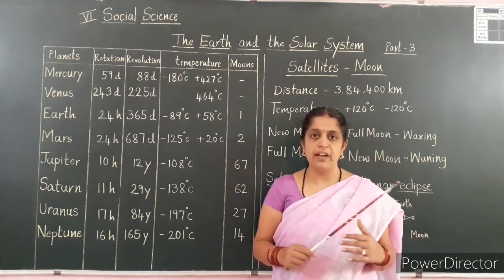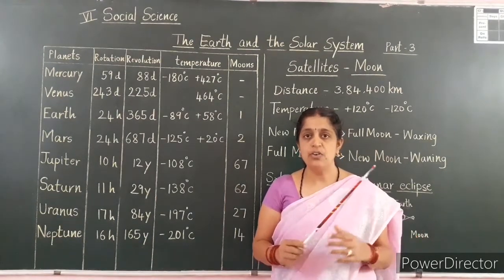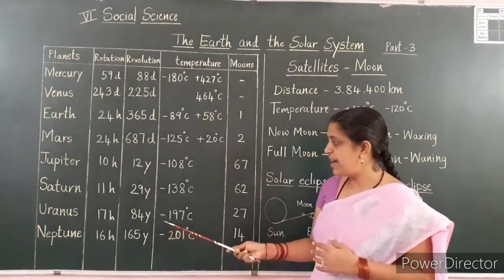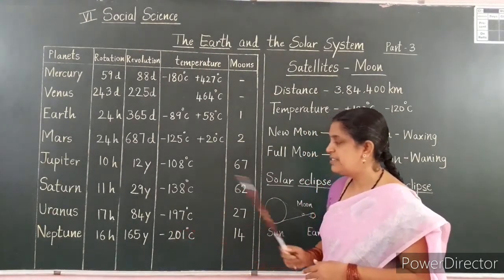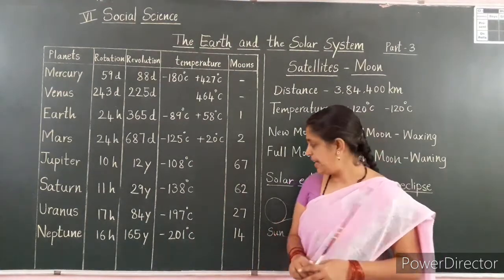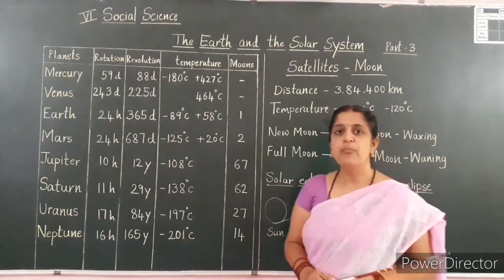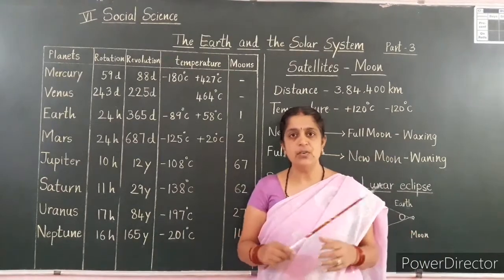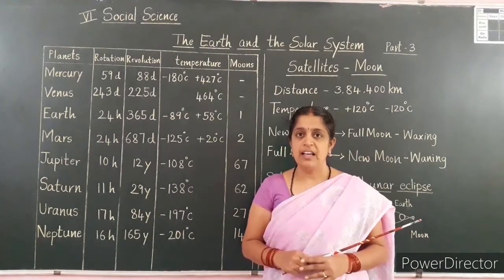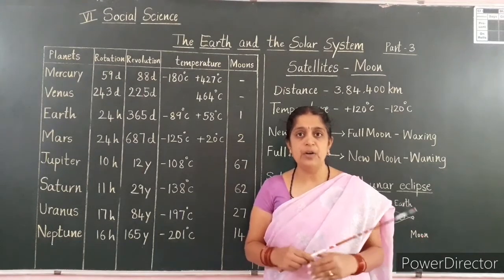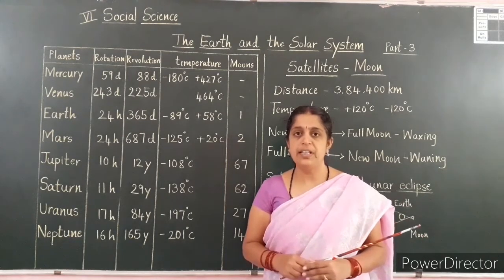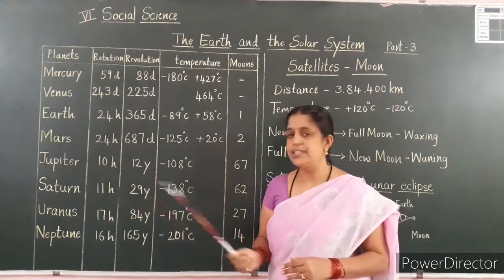Because it is very far away from the sun, the temperature is minus 197 degrees Celsius. It has 27 moons. It is also made up of gases, hydrogen, helium and other gases, and methane clouds are also found in the atmosphere of Uranus.